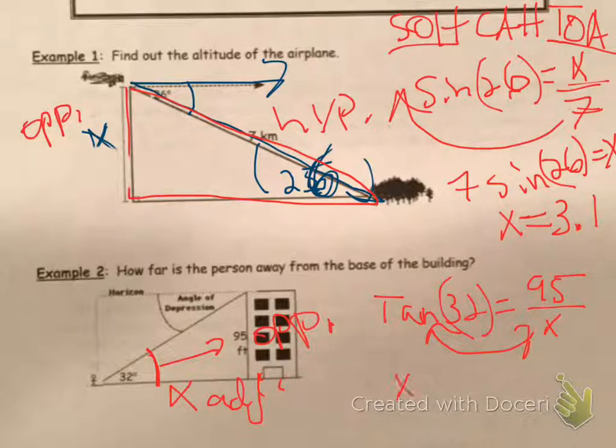So we get x equals 95 over the tangent of 32. When I plug it in, I go 95 divided by the tangent of 32, and that equals about 152.